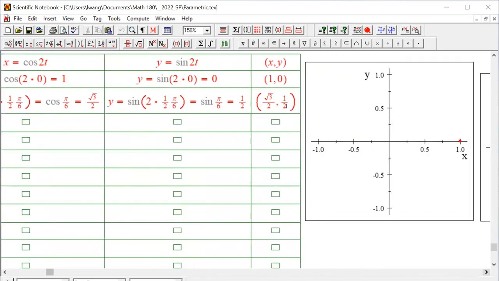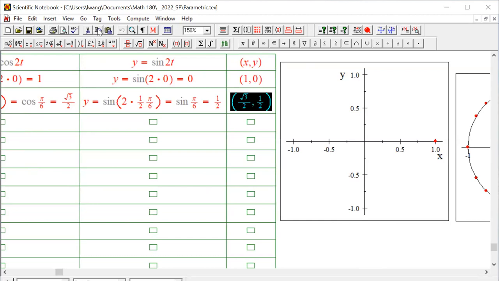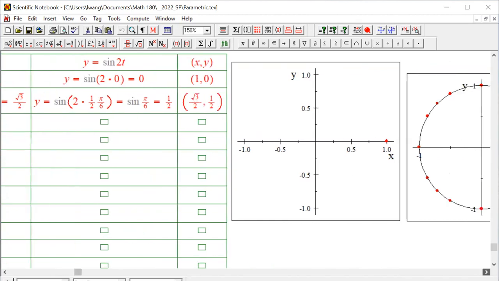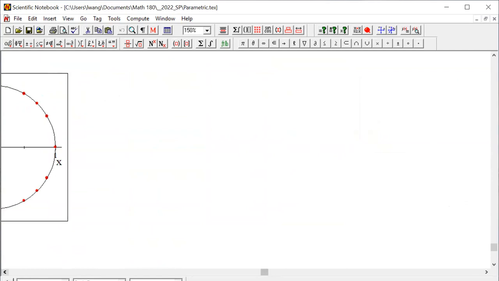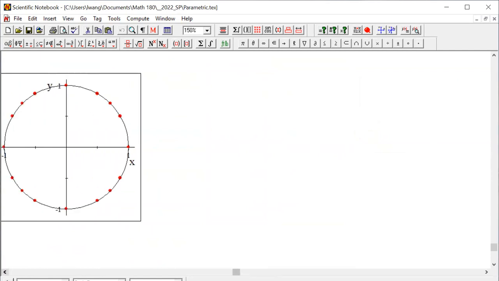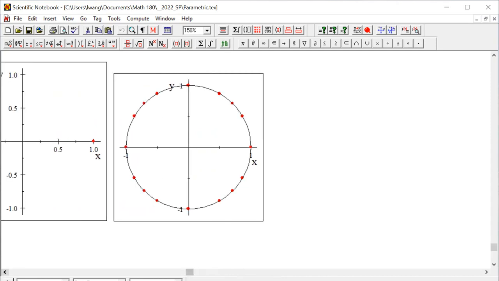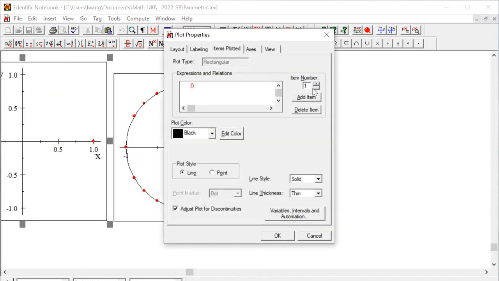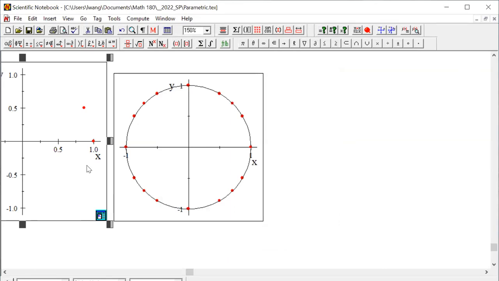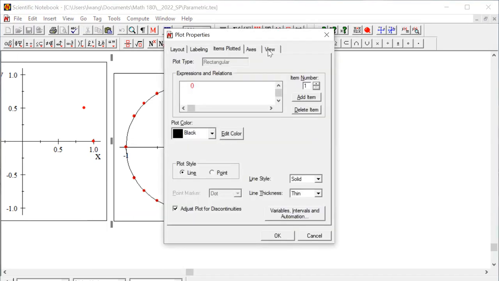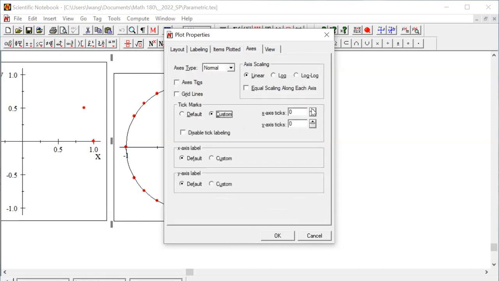If I put that point on the graph, you're going to see comparatively, they look comparable, right?